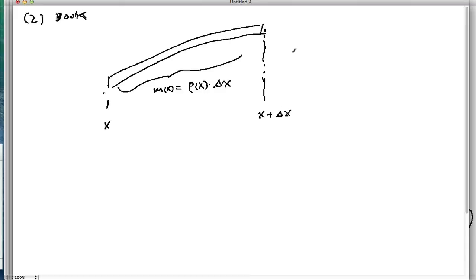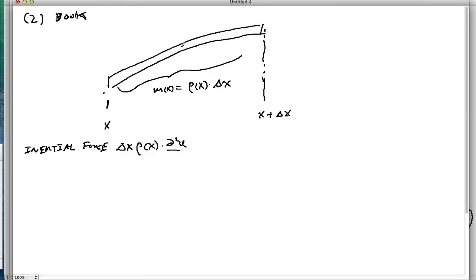And we know that our inertial force is going to be delta x times rho of x times the second partial with respect to time of u.